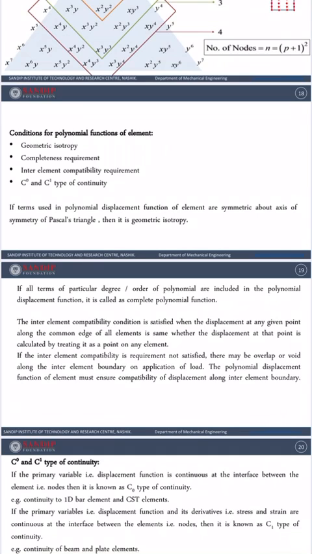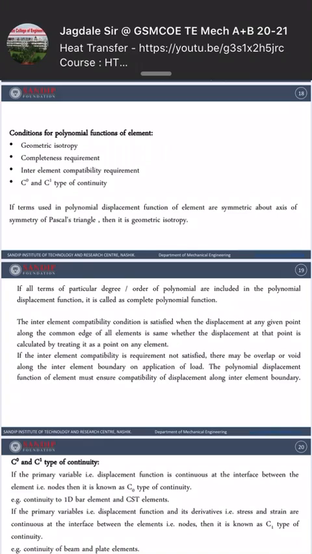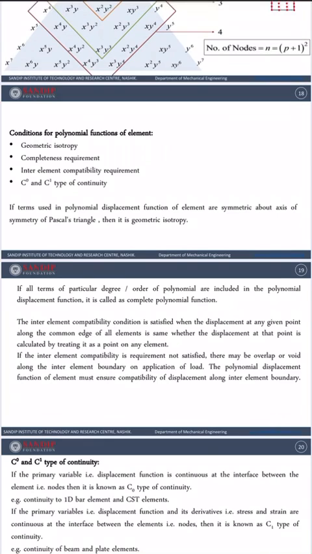Next is rigid body displacement. It should have some terms which will satisfy the rigid body displacement. As we know, the constant term will satisfy the rigid body displacement. Next is constant strain rate, which means there should be some terms which will satisfy the constant strain in the elements. And the last one is geometric isotropy.